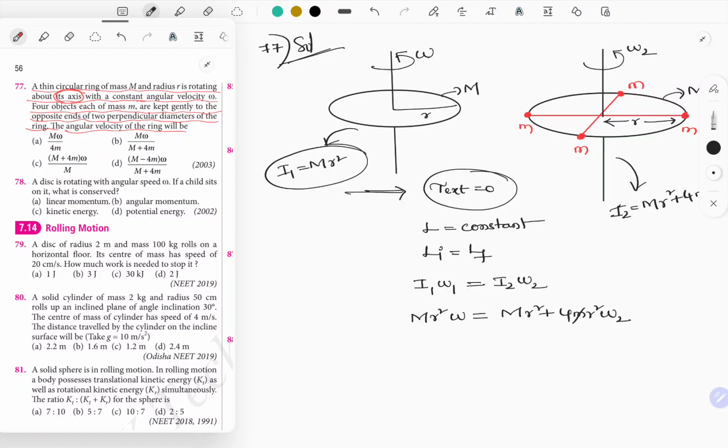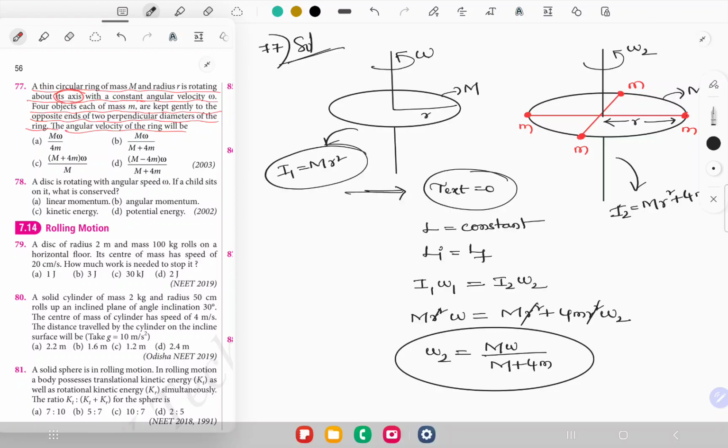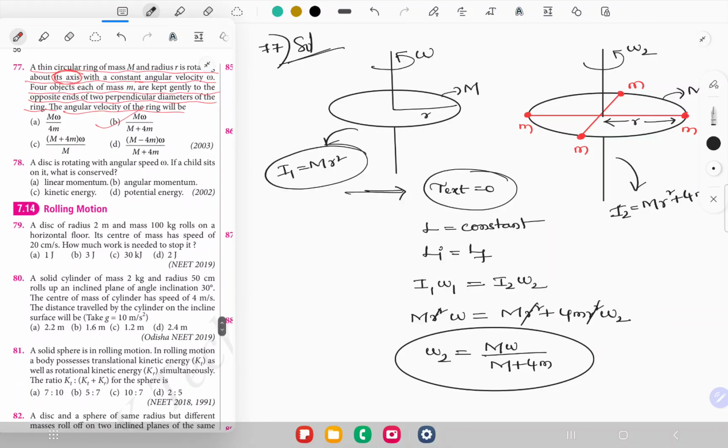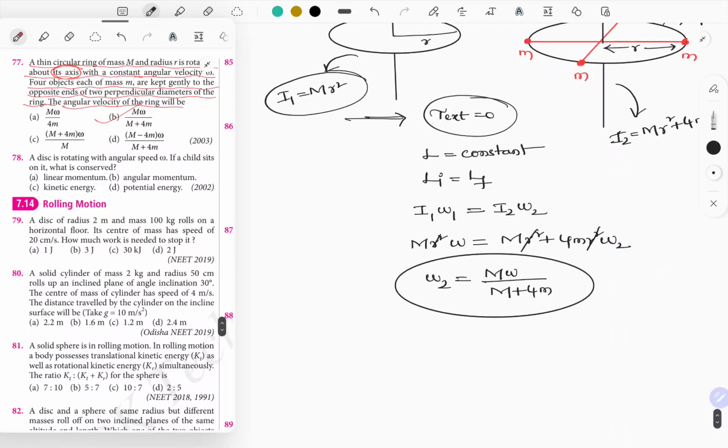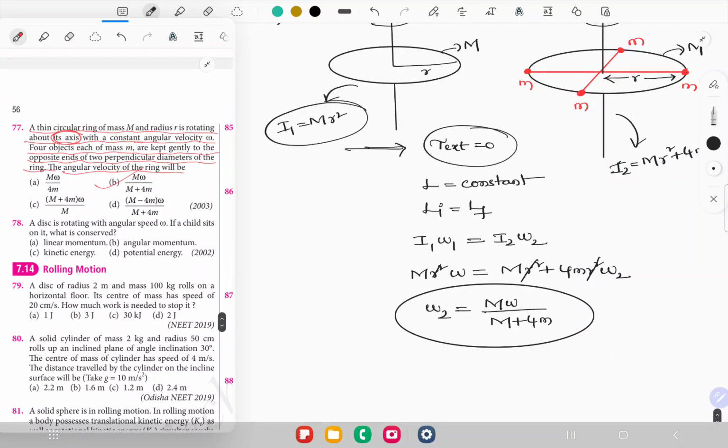So r square will get cancelled. Then omega 2 is equal to M omega divided by M plus 4 small m. So this is the angular velocity of the final system. Which option matches? M omega by M plus 4m. Option B is the correct answer for question number 77.